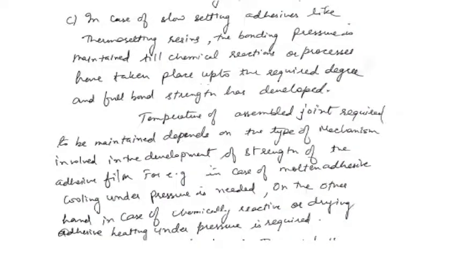In case of slow setting adhesive, like thermosetting resins, the bonding pressure is maintained till the chemical reactions or the process have taken place up to the required degree and the full bond strength has been developed.